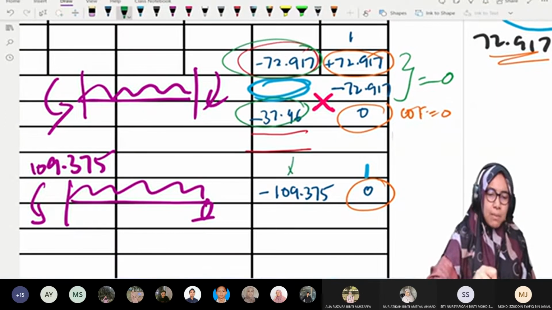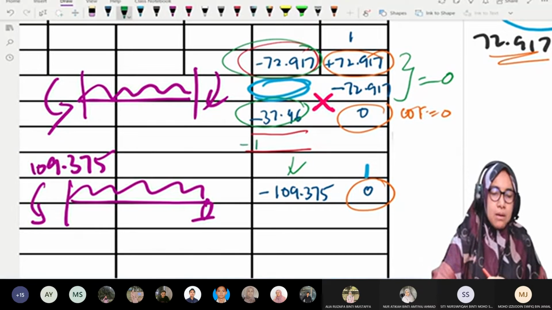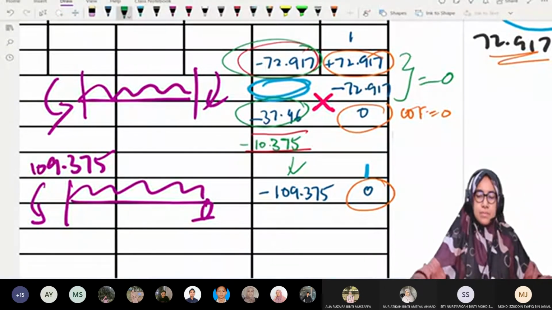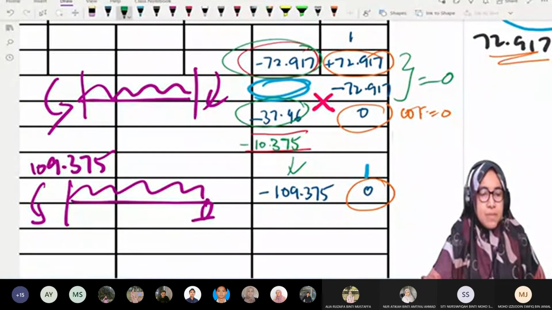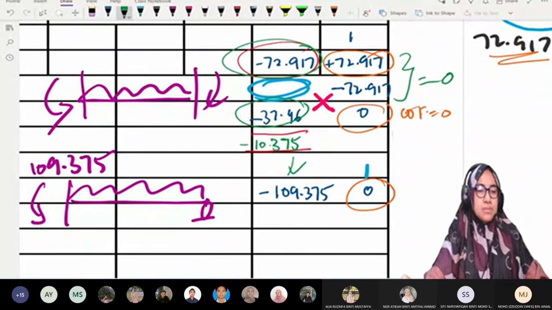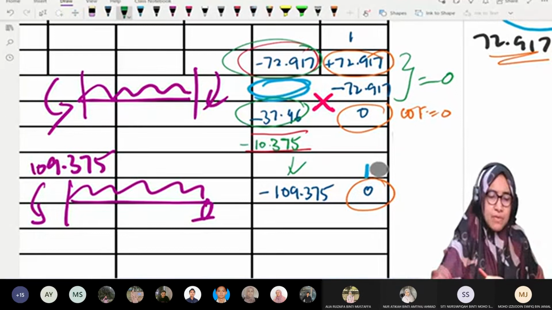Dapat tak yang bawah? You akan dapat sama kan? Negative 72.917 plus negative 37.96. Do you get 109.375?